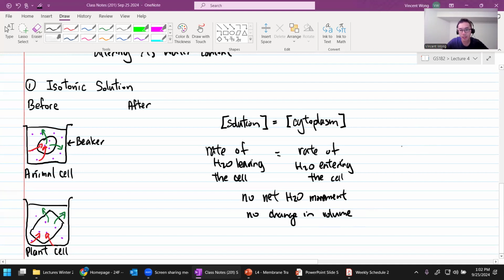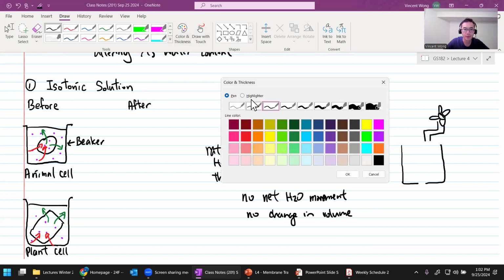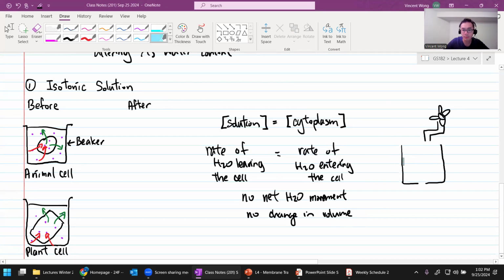Now, to help you understand, we can use an analogy, okay? We have a bucket that has a hole at the bottom, and we're going to have a tap here. There's some water in there already. We will turn on the tap, but then water is leaking from the bottom.